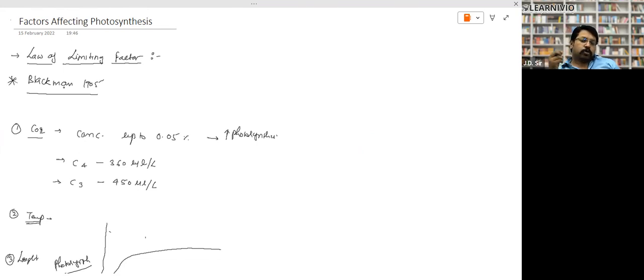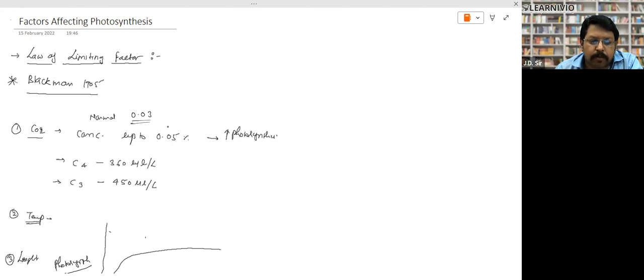So for CO2 concentration, what is the normal concentration of CO2? The normal concentration of CO2 is 0.03 percent.